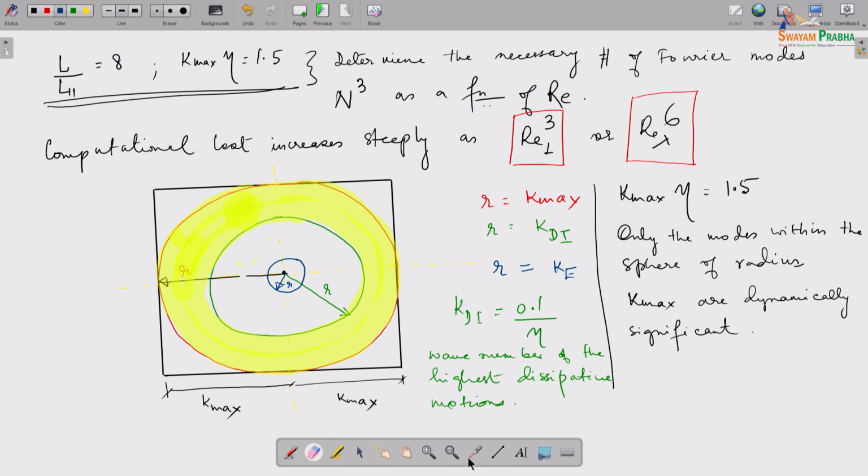Within this sphere, the energy containing range and the inertial subrange exist. So, here the inertial subrange exists, and this one contains the peak of the energy spectrum.